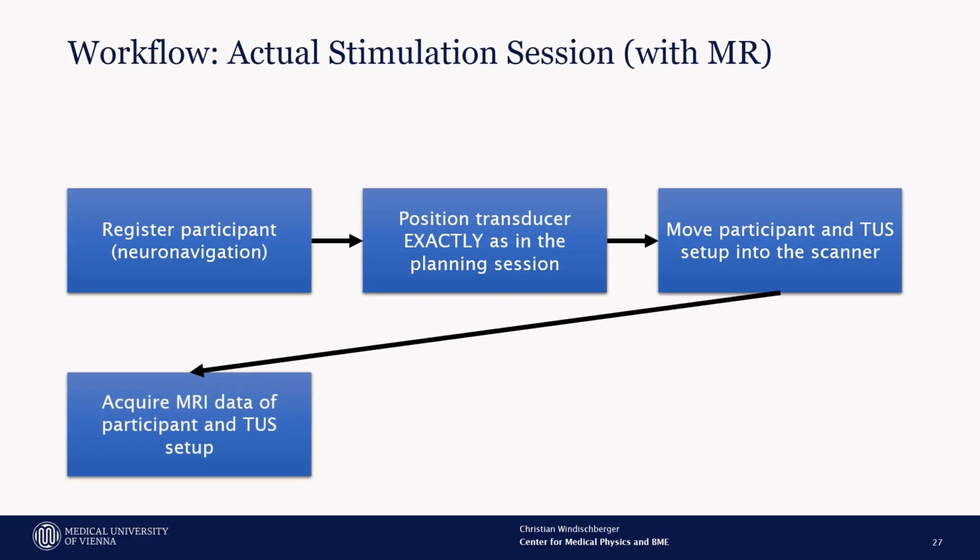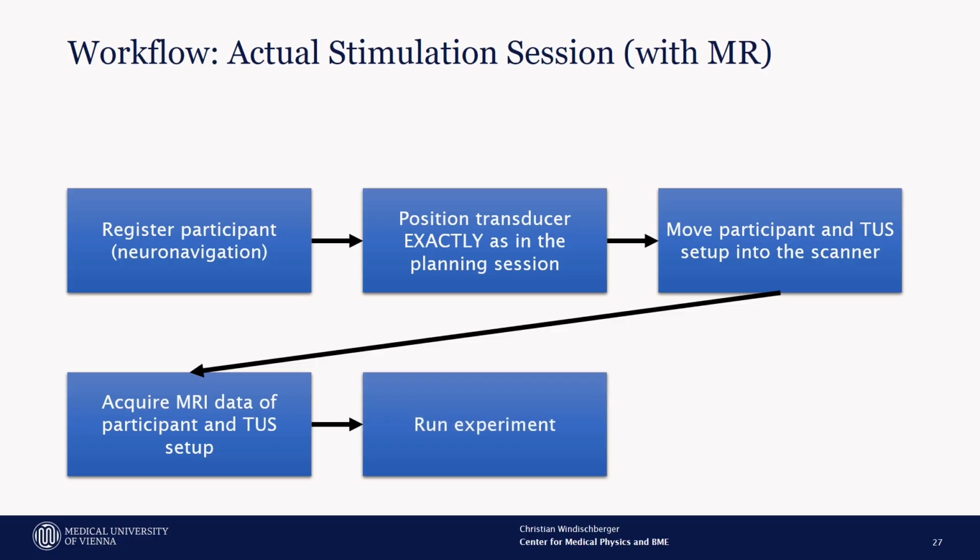But if you can do that, you acquire MRI data of the participant, and then you run the real experiment. So if you're interested in doing online tFUS, where you acquire fMRI data or resting state data at the same time as doing your sonication, this will be the approach that you can use.